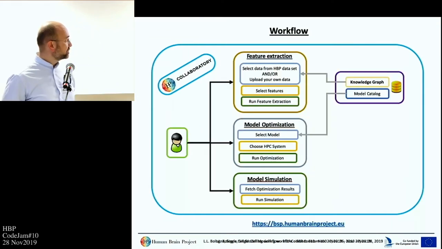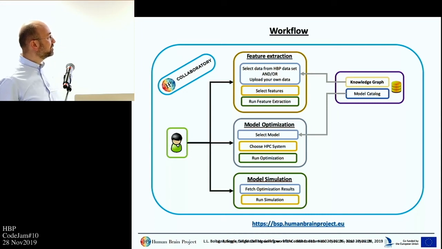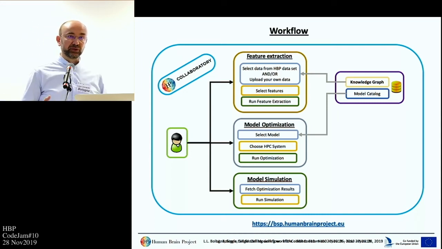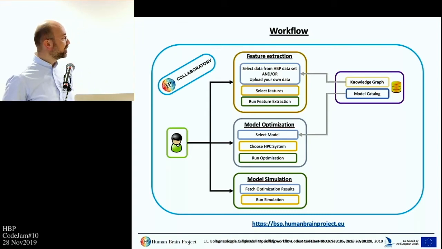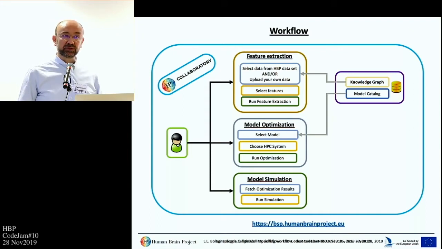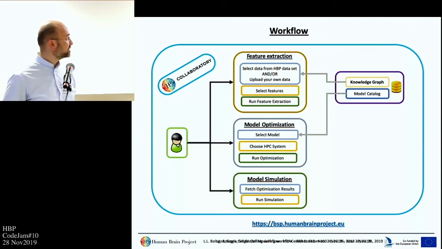So in order to do this, we have something that is going on behind the scenes. So for the features and the data set that we are accessing and the models, we rely on the model catalog, and we are integrating the data fetching with the knowledge graph itself that some speakers talked about yesterday and 2 days ago.